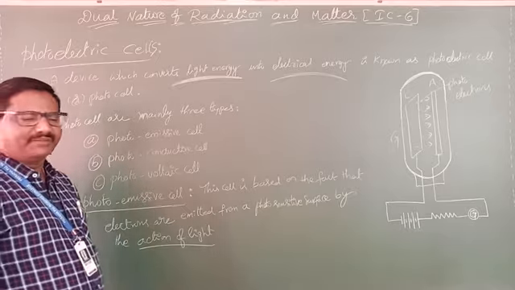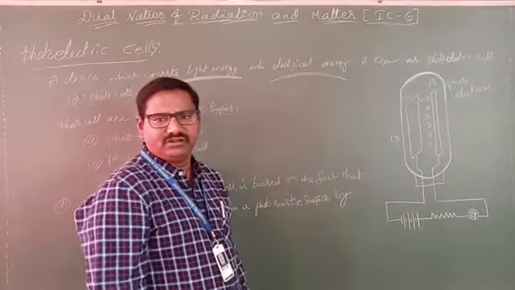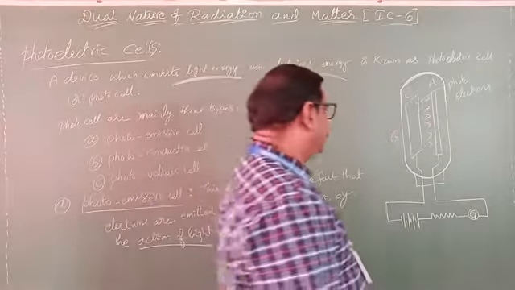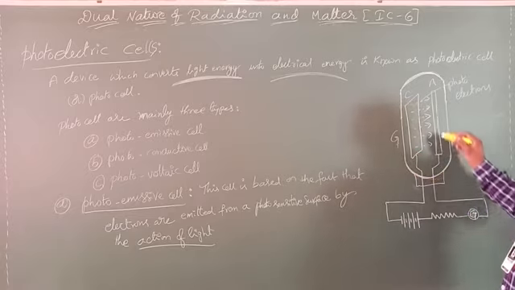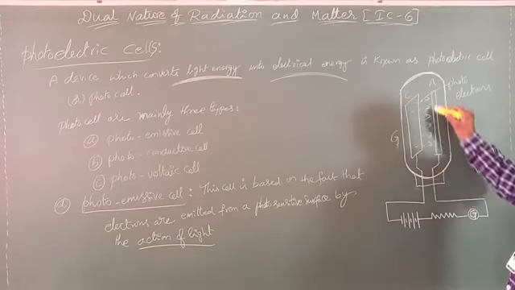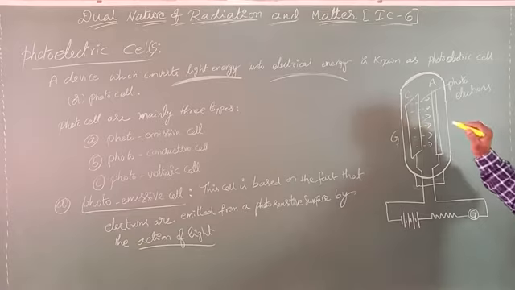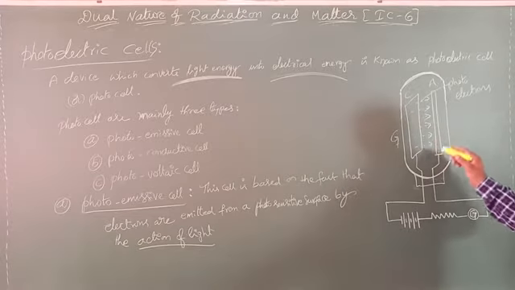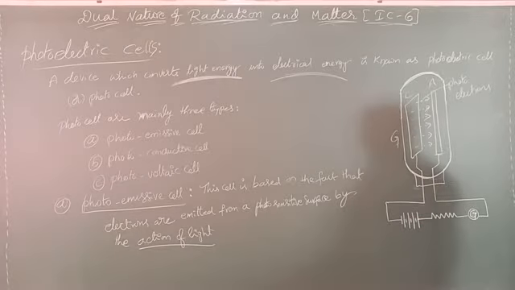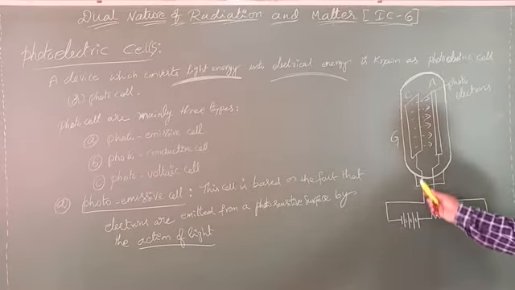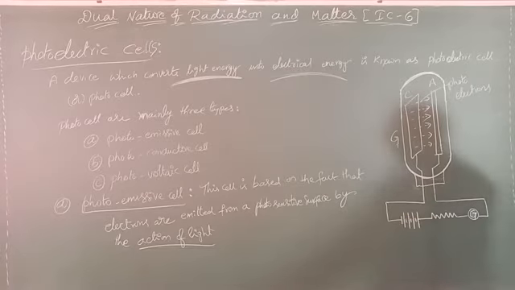To explain the photoemissive cell, here we draw one very simple circuit diagram. We take an evacuated glass tube with one cathode and one anode inside it. The cathode is connected to the negative terminal of the battery, and the anode is connected to the other end, the positive terminal of the cell.